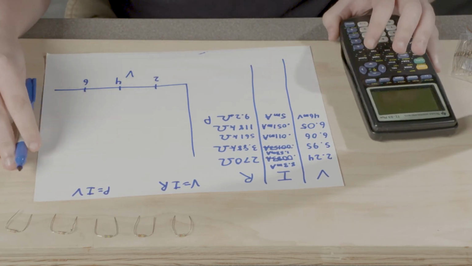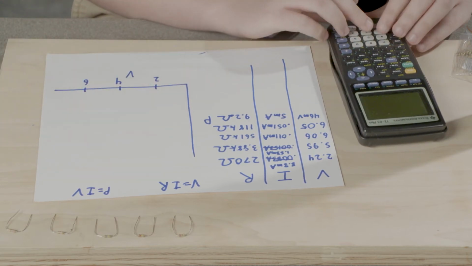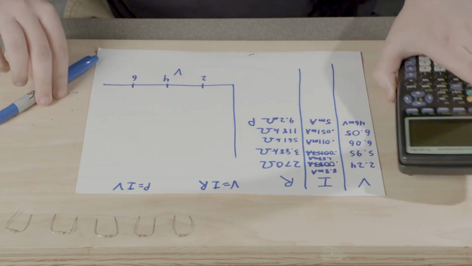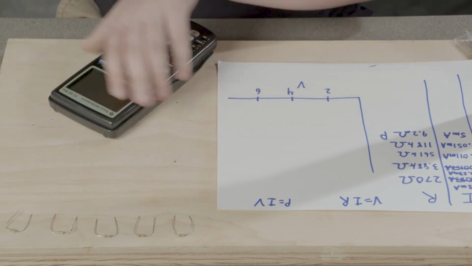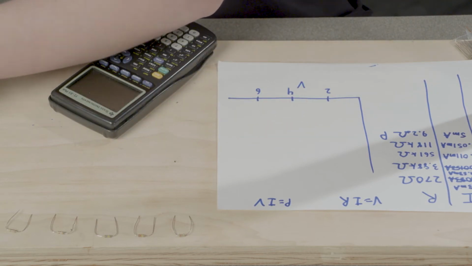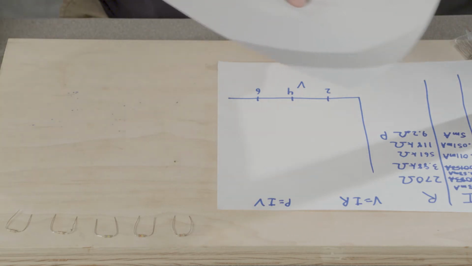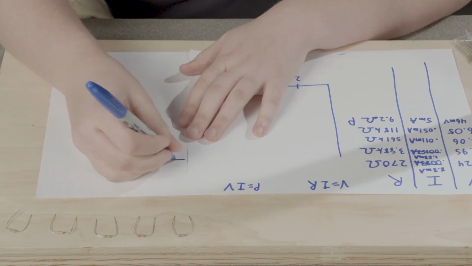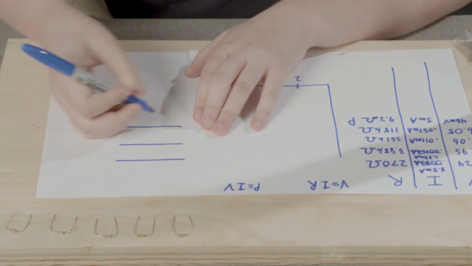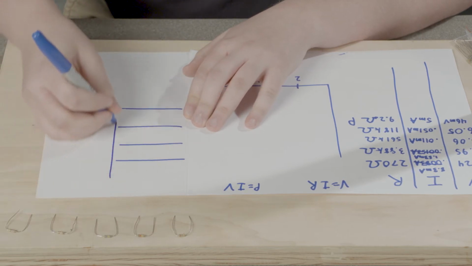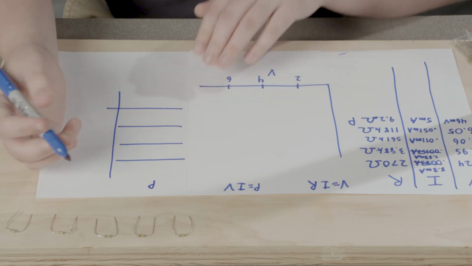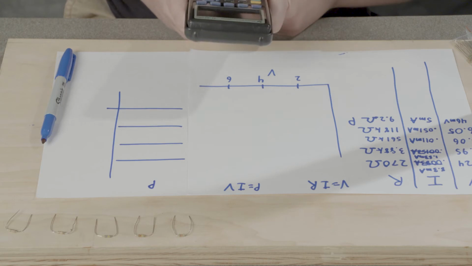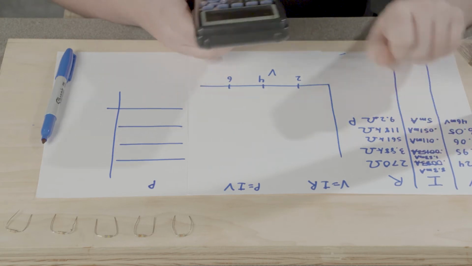All right. Let's see the first one. Actually, let's get another piece of paper here. Let's write down the power for each. So we'll take the first one with the current and voltage.